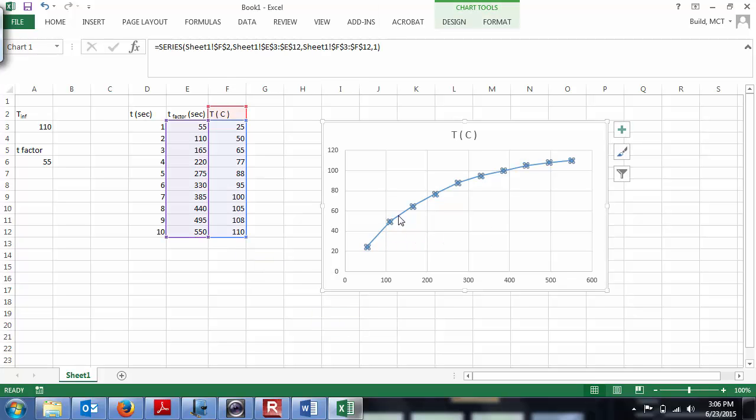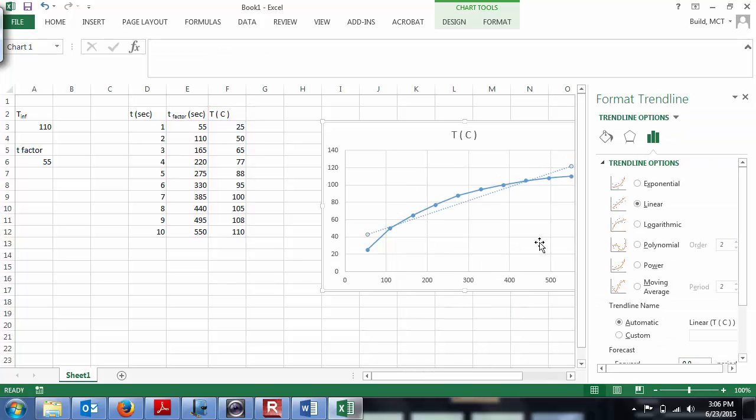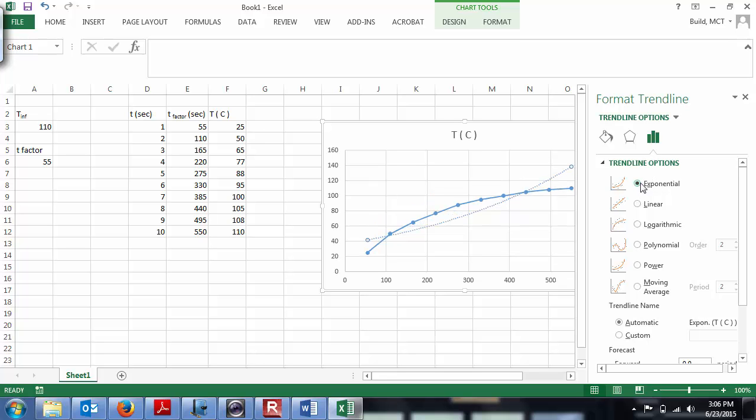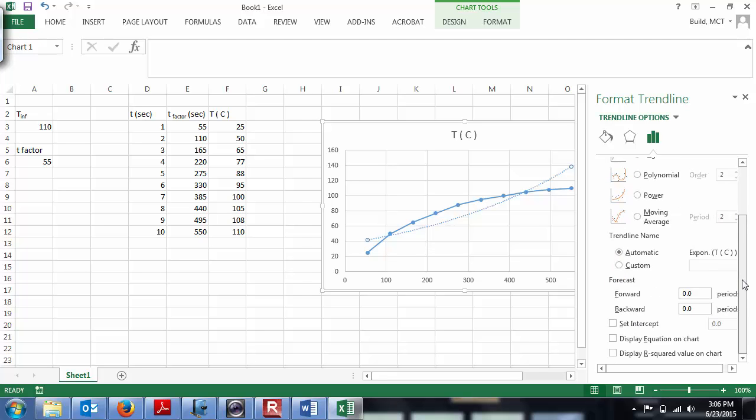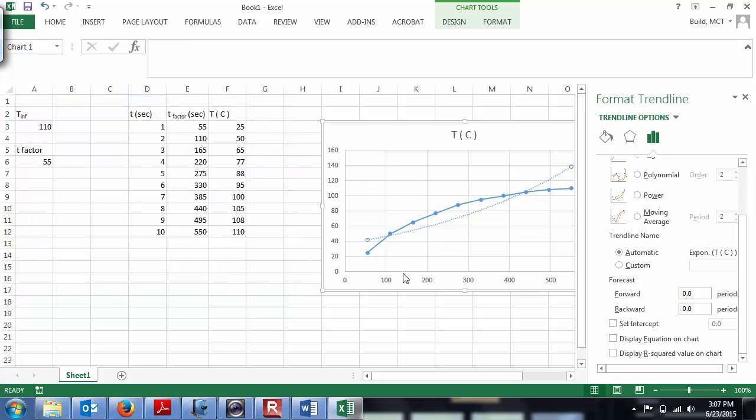Now, remember, right click, add trend line, exponential. Display equation on chart.